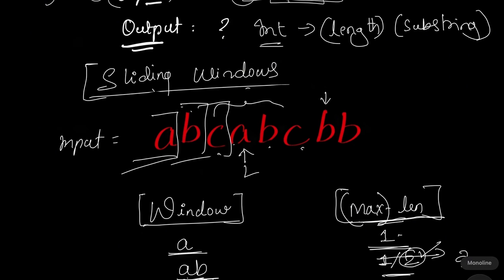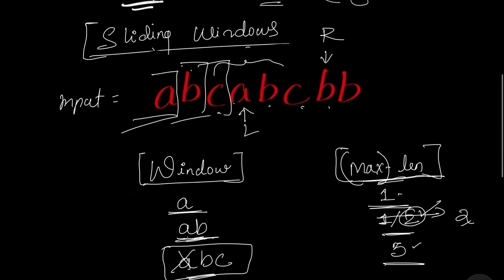Right pointer moves here. B. Do we already have a B in our window? Yes, we already have a B in our window here. So we have to make sure that these characters remain unique. So we move the left pointer from here to here, but B still exists in the window, right?